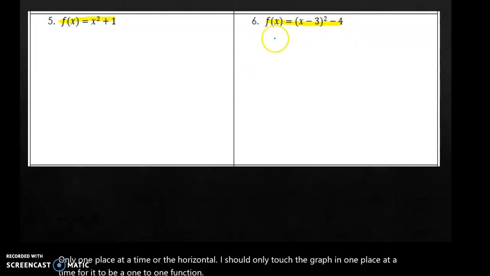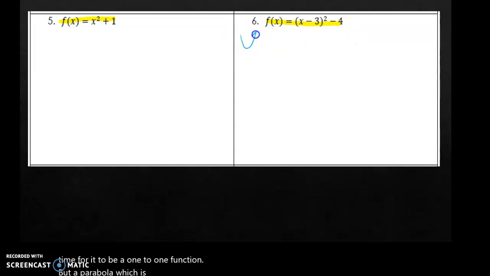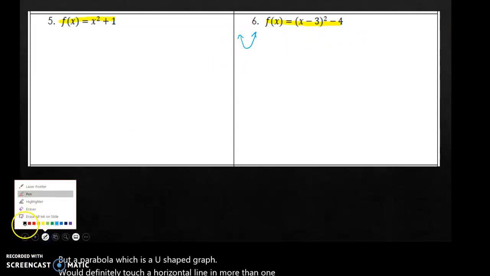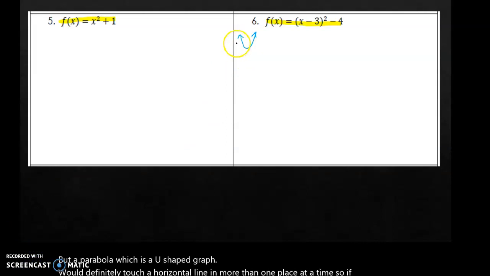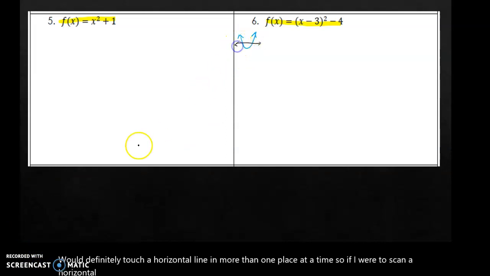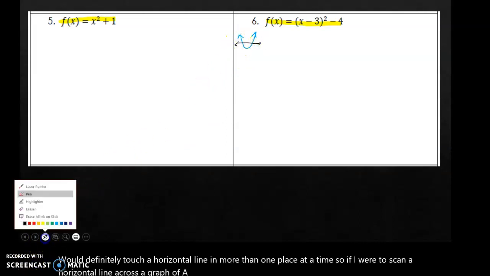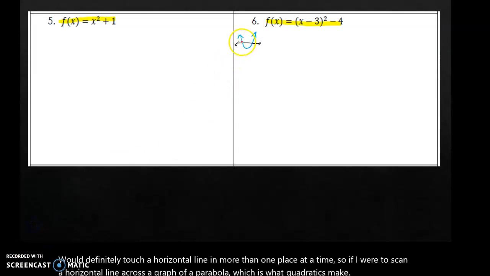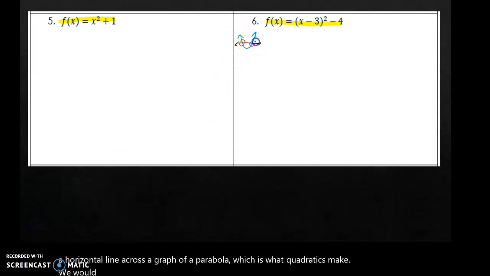But a parabola, which is a U-shaped graph, would definitely touch a horizontal line in more than one place at a time. So if I were to scan a horizontal line across a graph of a parabola, which is what quadratics make, we would end up touching in 2 places at a time, which makes it not one-to-one.